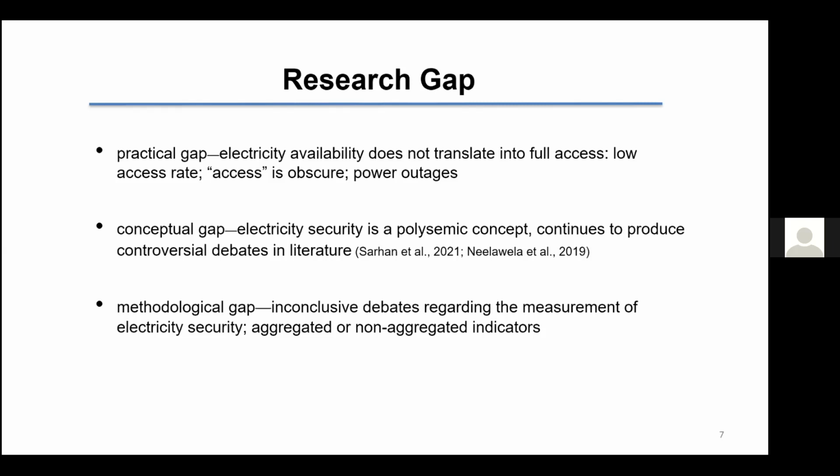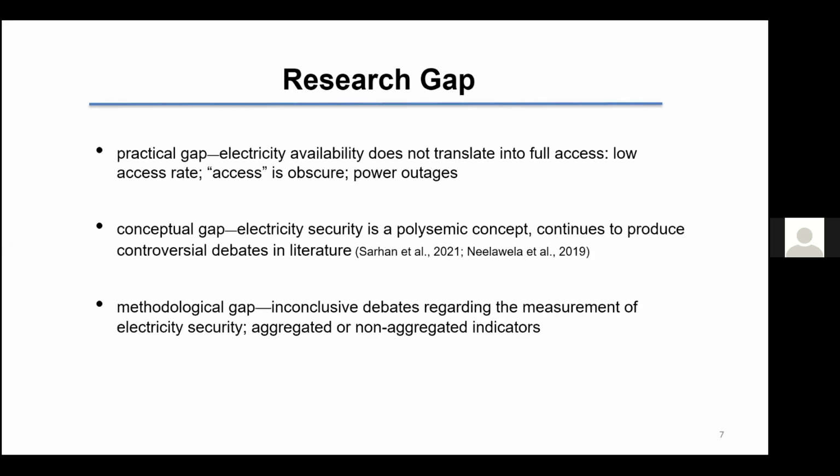And it continues to produce controversy in literature in terms of what should constitute electricity security today. These 2 studies are the ones that have most closely come to try to assess and measure it in terms of the metrics that they have put across.